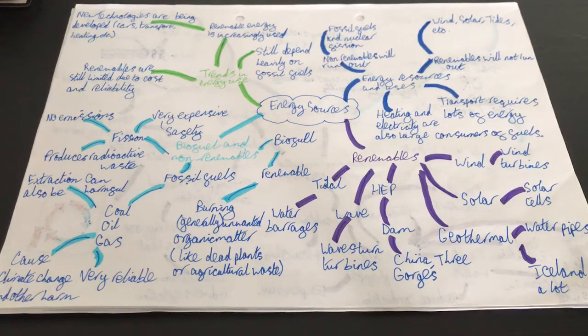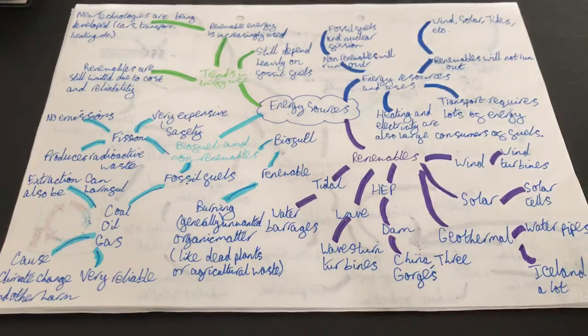So on a slightly different note, there is another non-renewable that exists called nuclear fission. Now, this is different to fossil fuels because you put in your uranium rods. This comes up in another topic, so I will do this more in detail. You put your uranium rods into the reactor.